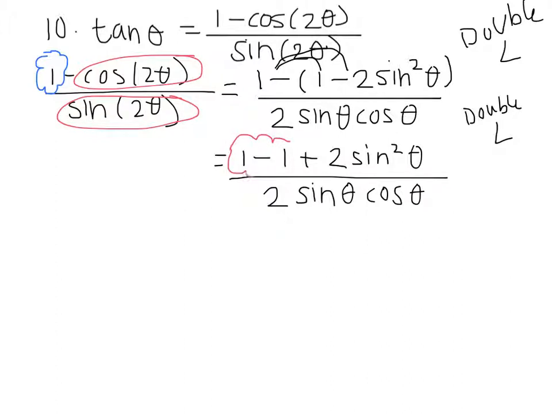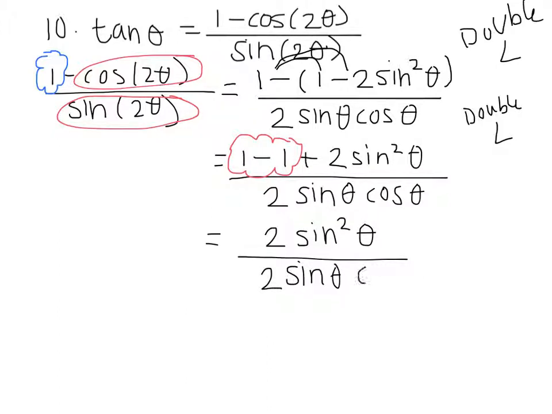I have 1 minus 1 here, which is fantastic because that goes to 0, and I'm left with 2 sine squared theta divided by 2 sine theta cosine theta. Okay? Remember that your goal is to end up with tangent, but I'm going to leave this for you so you can keep going because I know that you can do it.